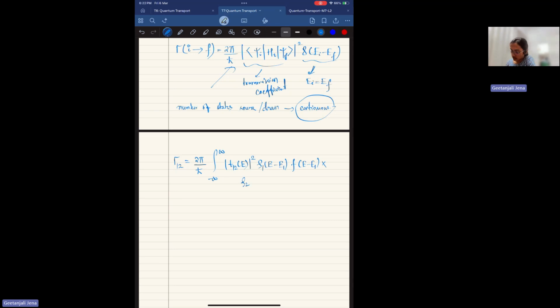This is given by the density of states on the drain side multiplied by the number of vacant states, which is 1 minus f of E2.